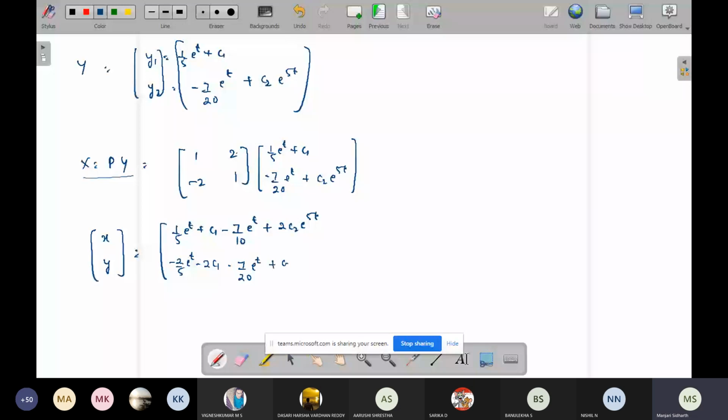Just calculate this and this and the e power t terms. You will get the value of x as this and y as this. So this was your example related to a non-homogeneous system of first order differential equations. You can use the diagonalization method. It will be a little bit long, but you should know how to solve this when you get these two equations.